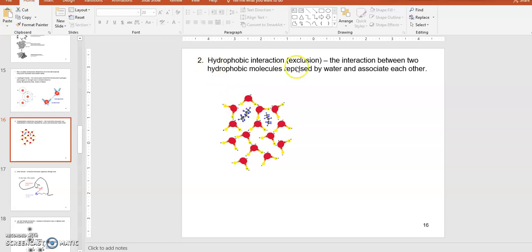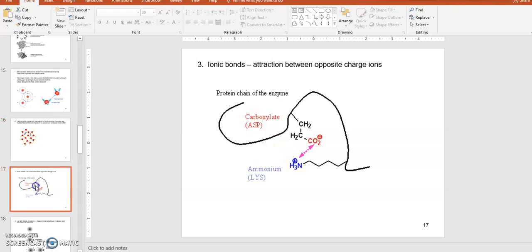That's the hydrophobic interaction. Mostly these hydrophobic amino acids are buried inside of a protein, hidden from water molecules. That also is important for the protein to maintain its structure and function, the integrity. So hydrogen bonds and hydrophobic interaction.